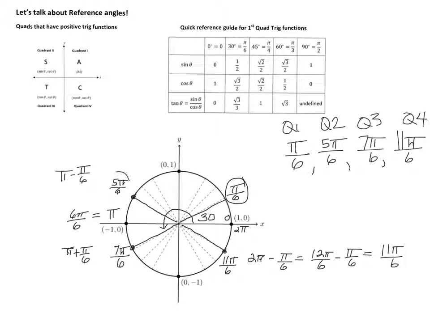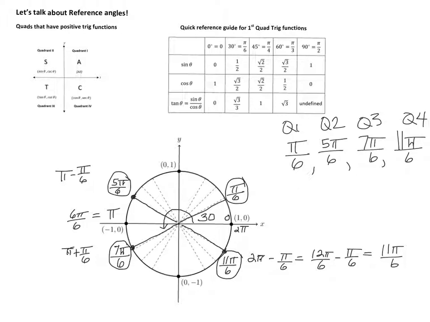For quadrant 2, the quick way is to know that the numerator is 1 less than the denominator, 5 pi over 6. For quadrant 3, the numerator is 1 more, 7 pi over 6. And for quadrant 4, it's not quite as easy to remember, but a quick way is you can double your denominator, get 12, and take away 1. So if you double 6, you get 12, take away 1. So these are our 4 angles.